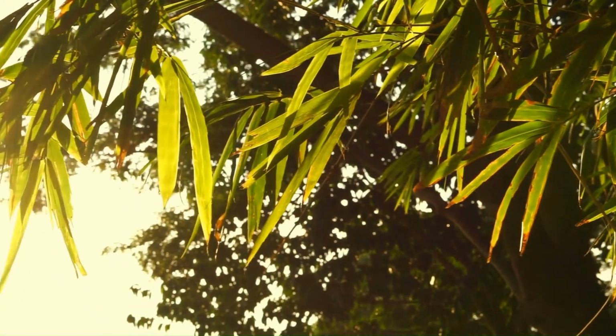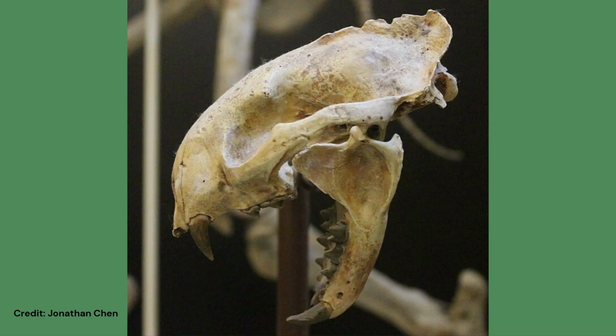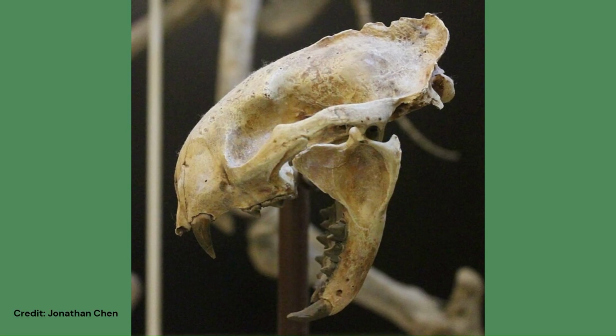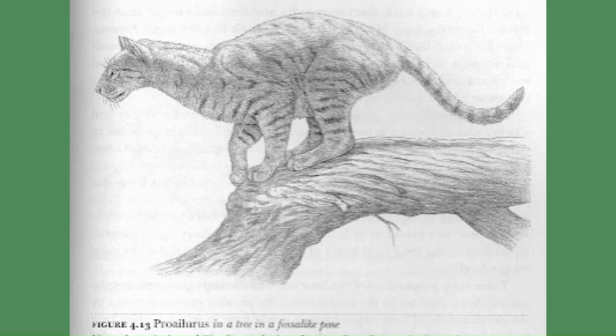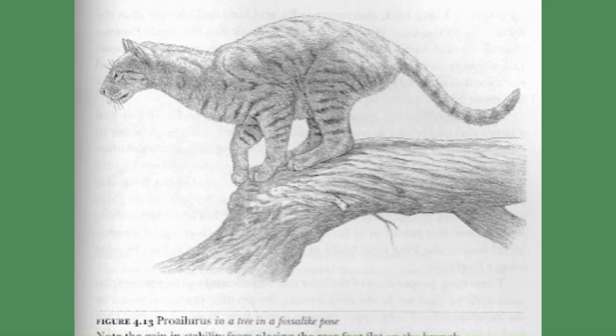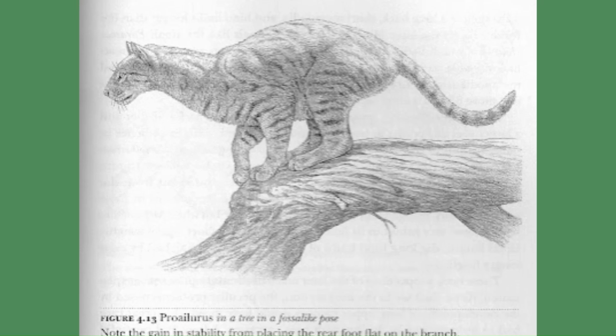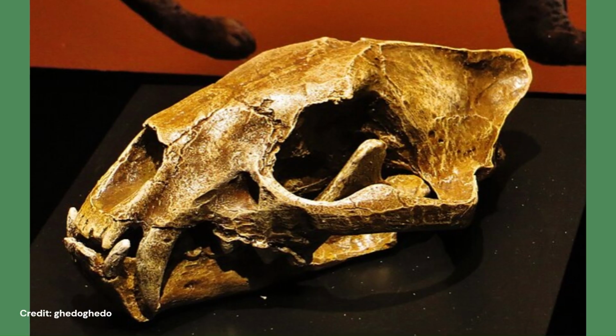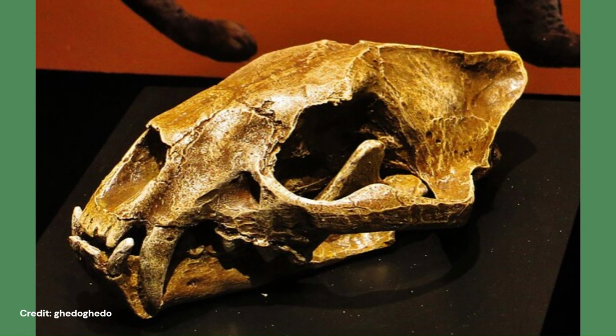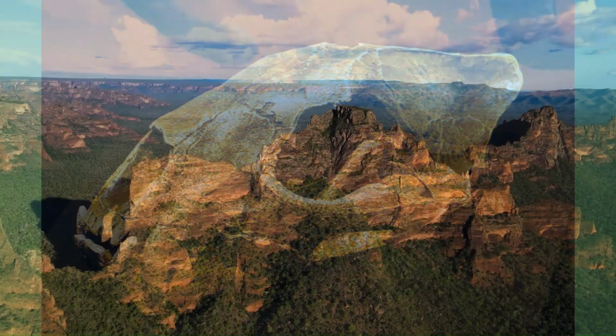Around 10 million years later, the first fossil felid evolved, known as Proailurus. These cats lived in Eurasia during the late Oligocene and Miocene and were discovered in 1879. At first, the animal appears to be more like a mongoose or civet, but closer inspection of the animal's teeth confirms it is indeed a cat.